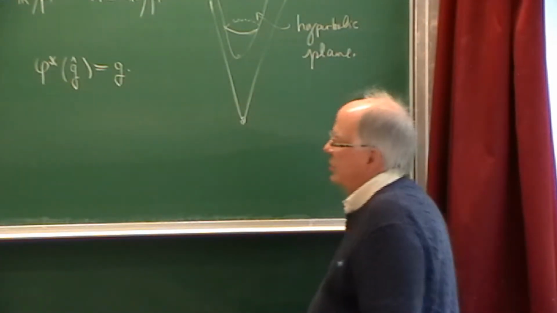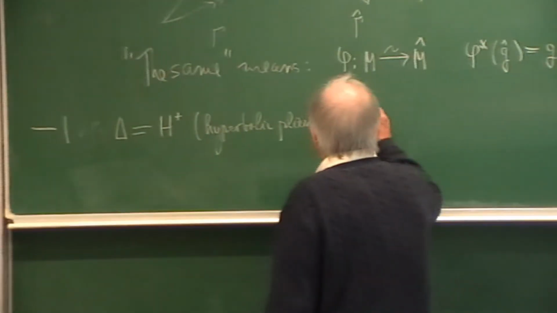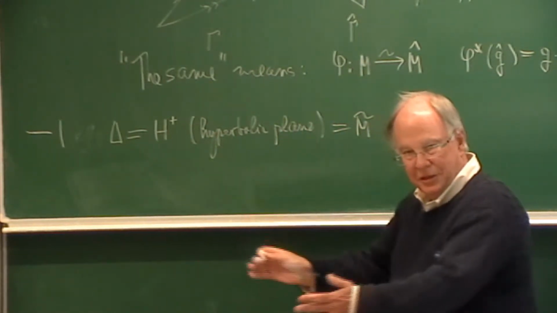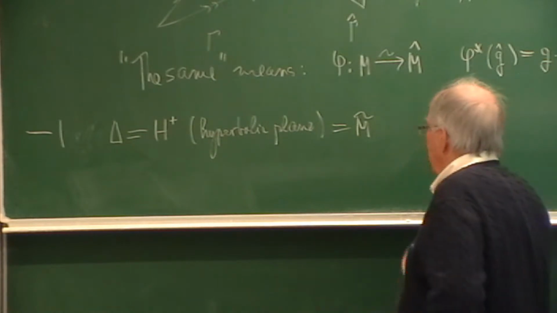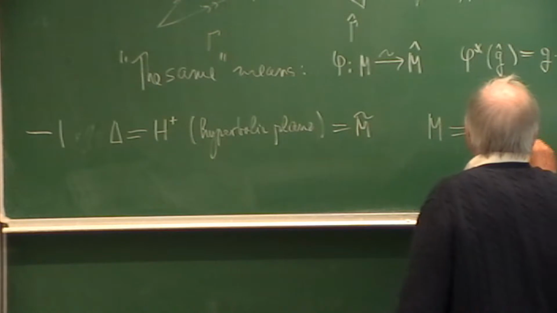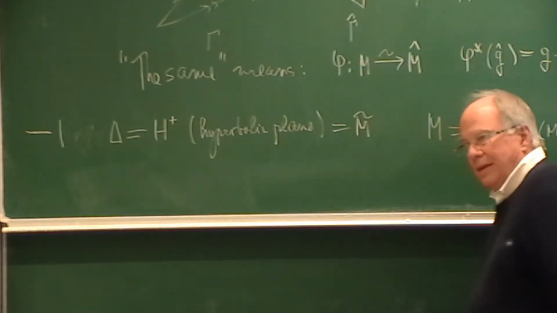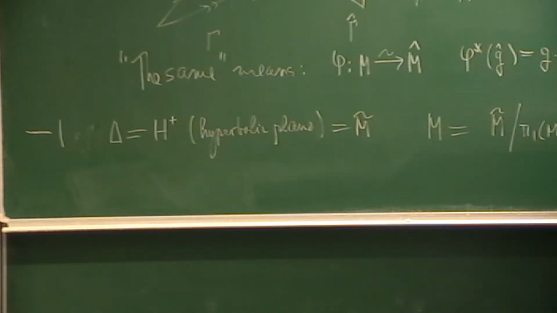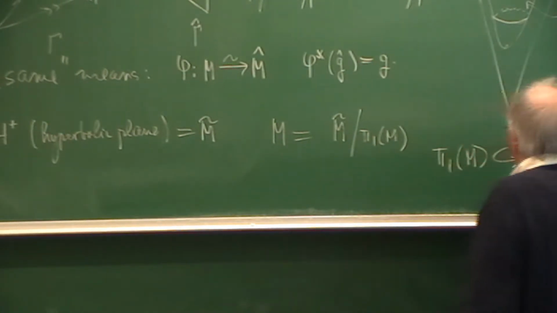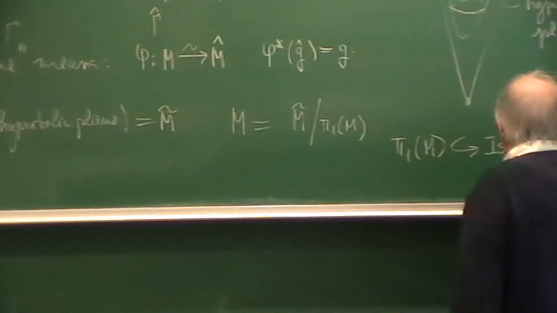So this has negative curvature, and this is M tilde now. Okay, it's simply connected. Anybody understands that it's simply connected, it's contractible. And now M, any M, is M tilde modulo pi1 of M. And pi1 of M is now a discrete subgroup of the isometries of M tilde.